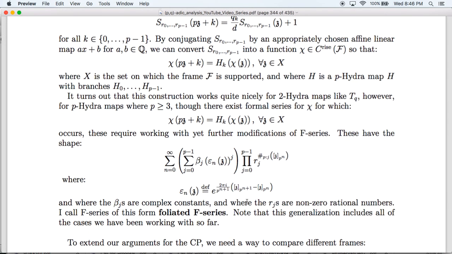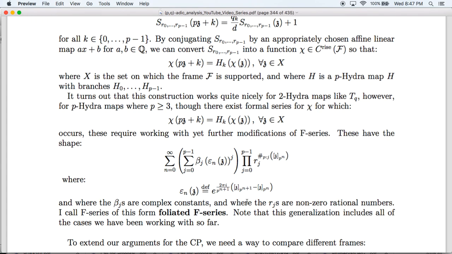When you go through the kind of computations that we did in episode 4 to find the Fourier transform of chi-q, when you go through that for a p-branched hydra map, the cardinality of the non-zero elements of the finite field of order p ends up playing a key role.